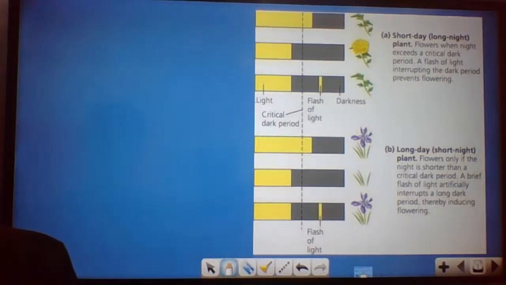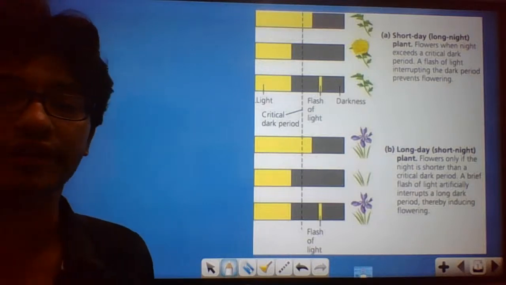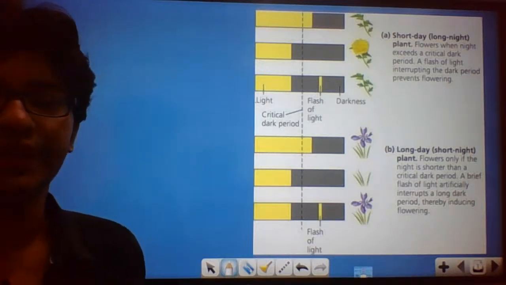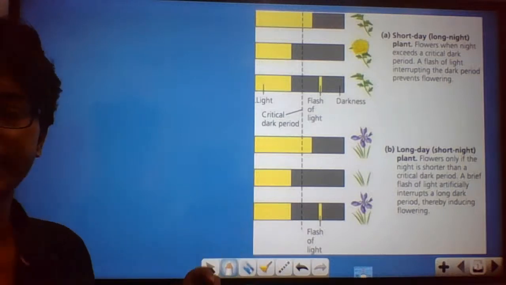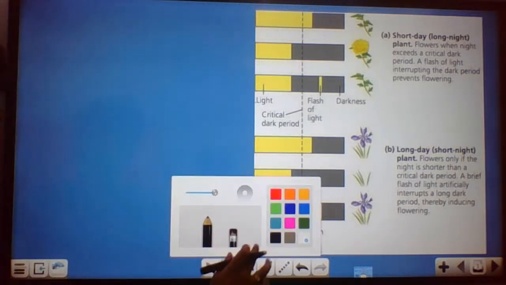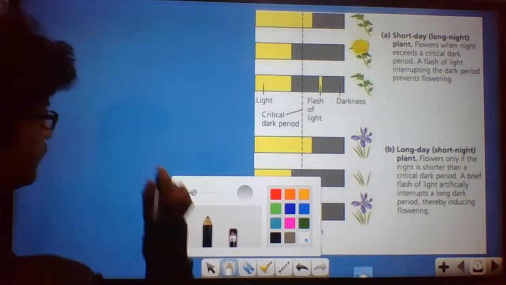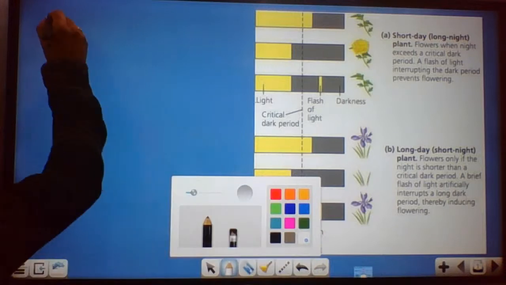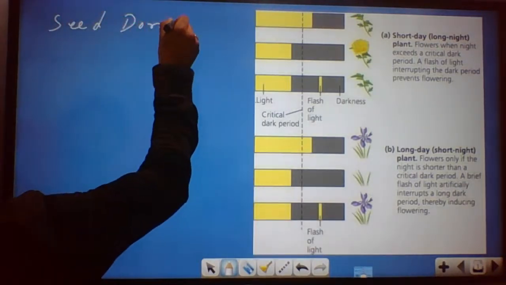The inactive state of the seed we called seed dormancy. I hope you can recollect the factors, I mean the causes, which are responsible for the seed dormancy that we discussed. So let's start with seed dormancy.